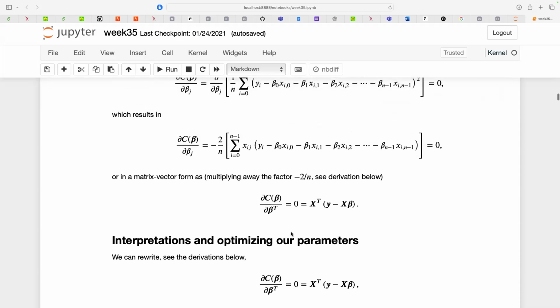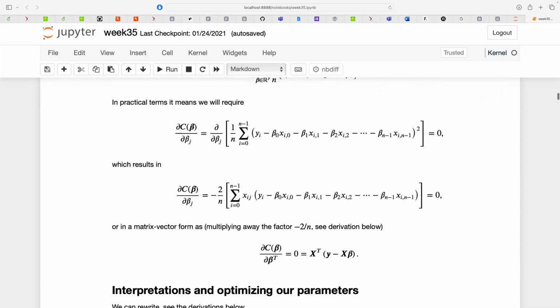If we go up a little bit and look at this expression here, here we have detailed the expression. So the mean squared error is this function C. And then we are simply calculating the derivative with respect to one of these quantities. So this is just another example of spelling out the derivative of a scalar. In other cases, it could be a matrix or it could be a vector.